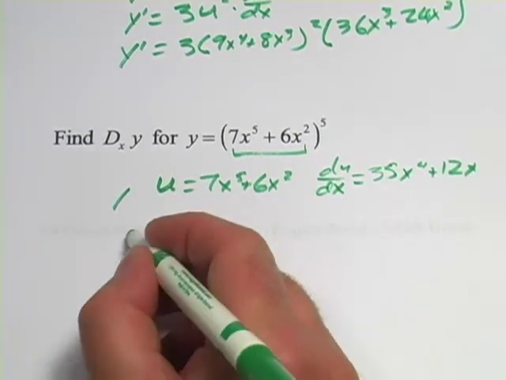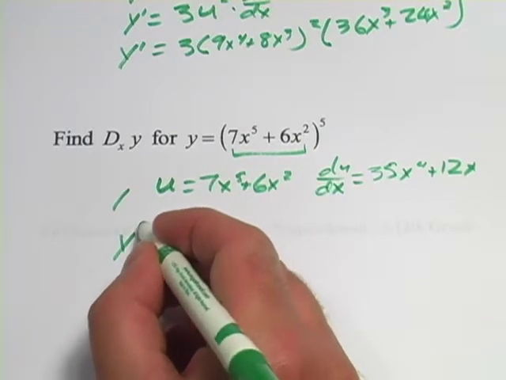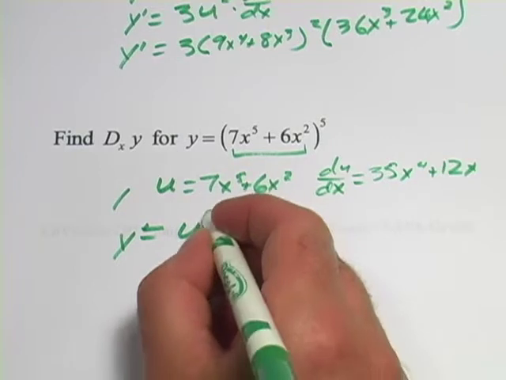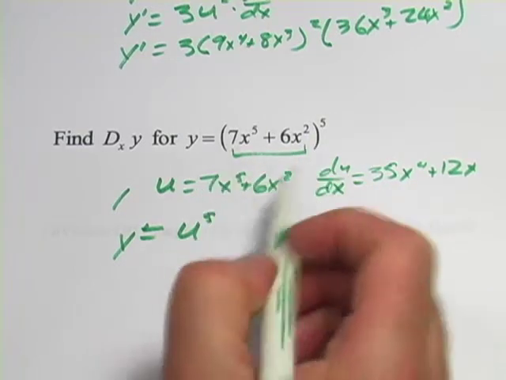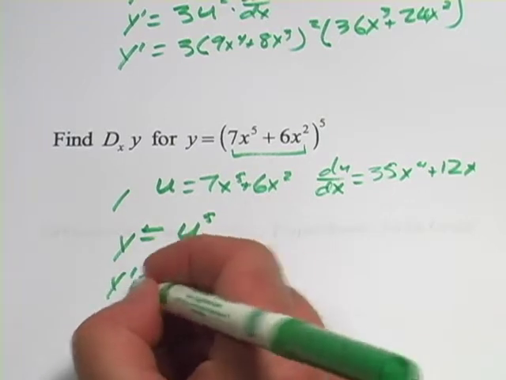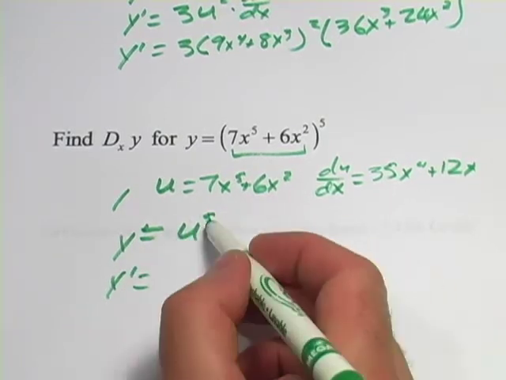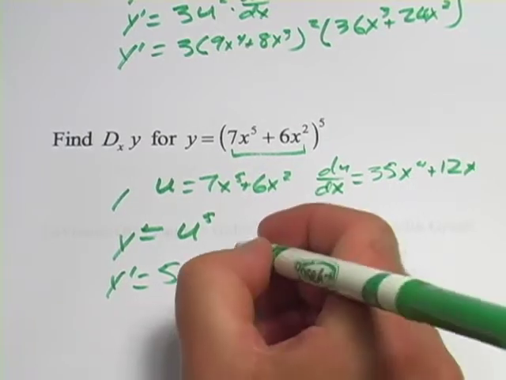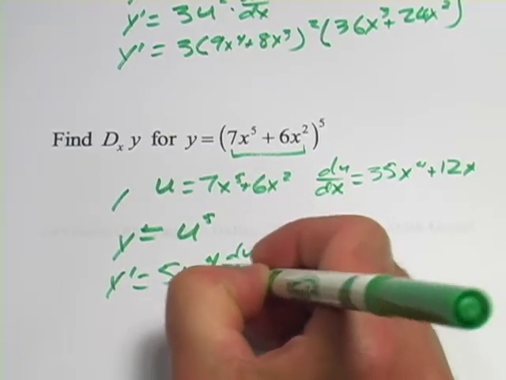Now we set up our problem. y equals u to the fifth power. So I've just rewritten this with u substituted in. Now y prime equals, well, let's operate the power rule on this, so 5u to the fourth, but we have to multiply it by du dx.